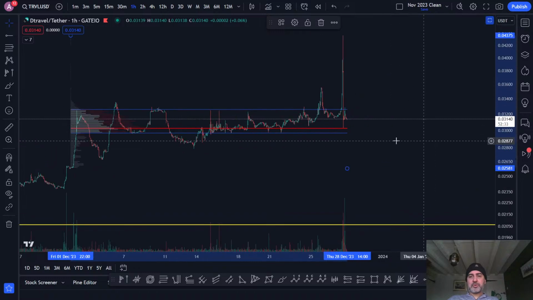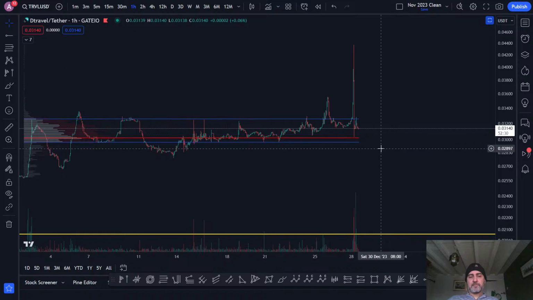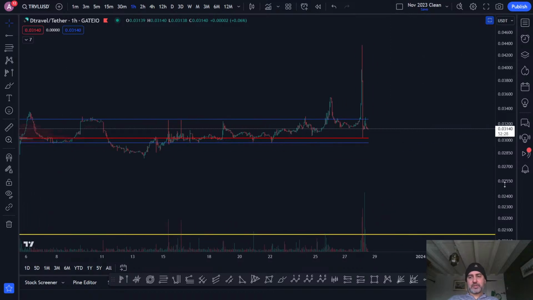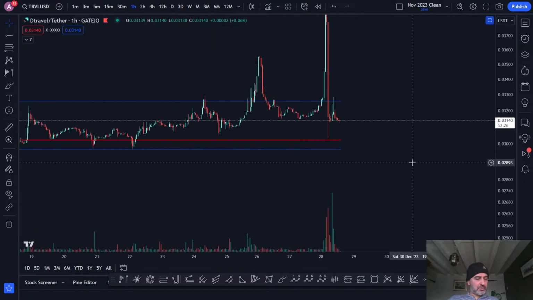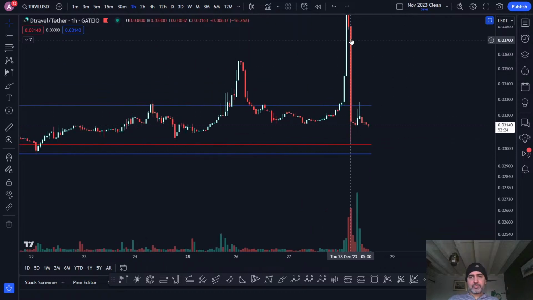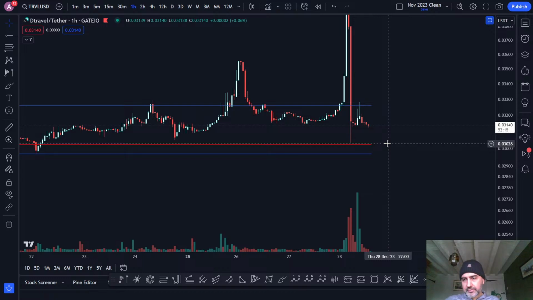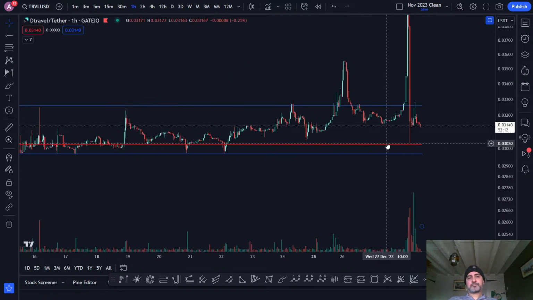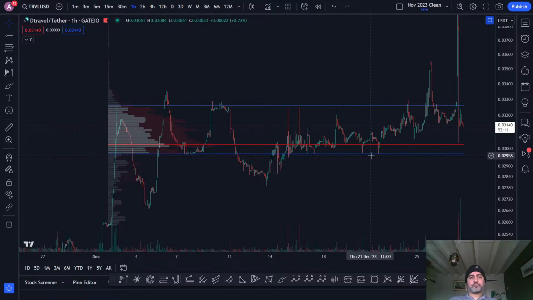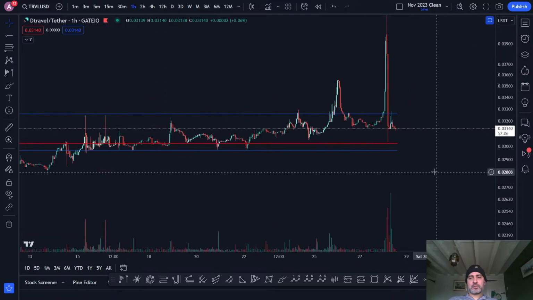See, on KuCoin, the point of control is much lower, which is actually quite bullish. And when you look at the price, it went down. Didn't even reach that. So on KuCoin, the point of control is down at 3 cents. There's a lot of volume being put out in this range.